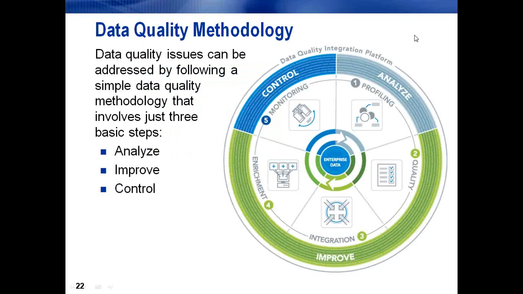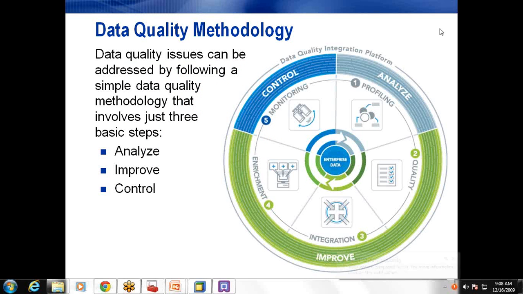So this is the data quality methodology which I have been telling you about. There are three steps on the whole: analyze, improve, and control. Analyzing deals with profiling. You fetch the problematic areas and then remediate them using the improve methodology, which contains quality, integration, which includes deduplicating from different sources, and also enrichment of data.